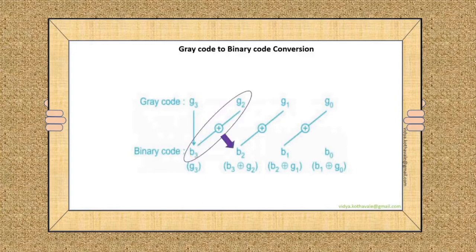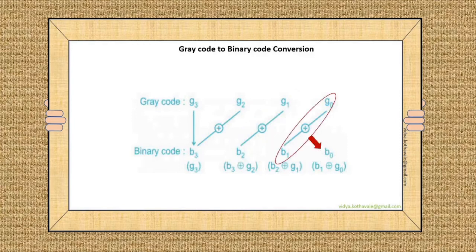Further, the obtained most significant binary bit is XORed with the gray code bit G2 to obtain the binary bit B2. Similarly, the binary bit B2 is XORed with gray code bit G1 to obtain the binary bit B1.